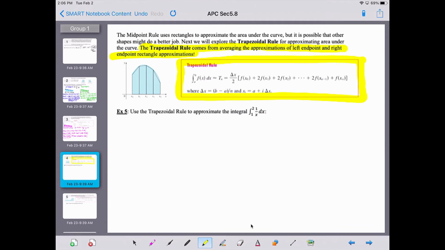And so I want to put a little note here that the number of values in the parentheses will be n plus 1 due to the formula.